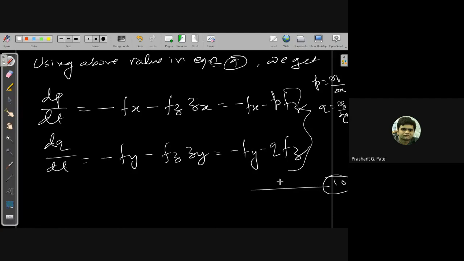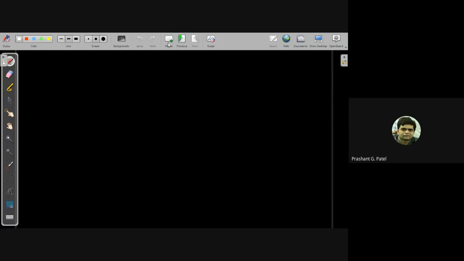No, 6 equations. So in order to determine the integral surface using the discussion that we are doing is to actually find a solution for 6 ordinary differential equations.